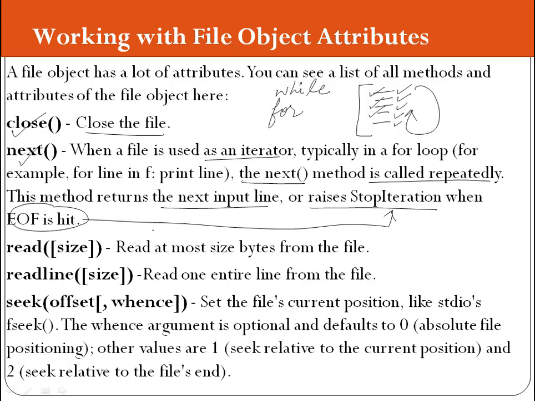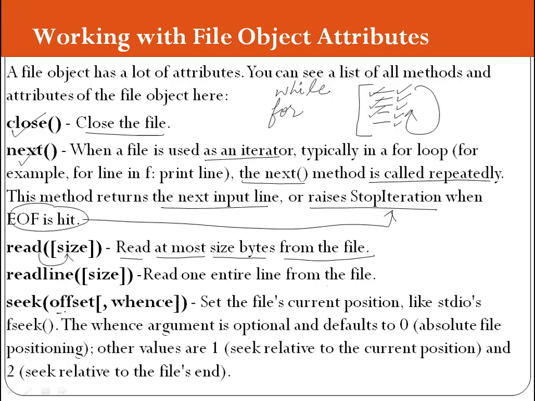There is no line to be read further. Read, and inside the read you put some size option. So read at most this size of bytes from the file. Readline size reads one entire line from the file.